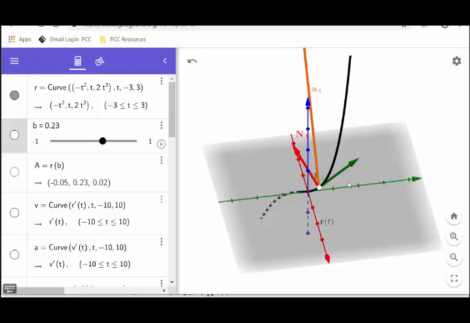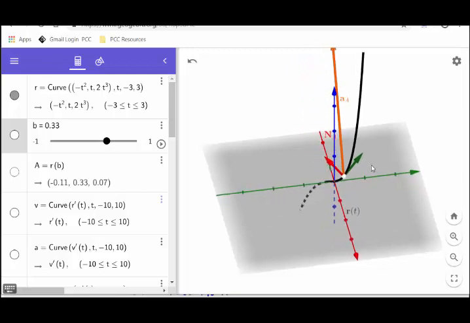And I've got a slider so I can look at different points. I named my curve R, so I have a point capital A equals R of B. So I can use a slider here to change what point I'm looking at. Let's just go with about there. I'll zoom out just a bit.